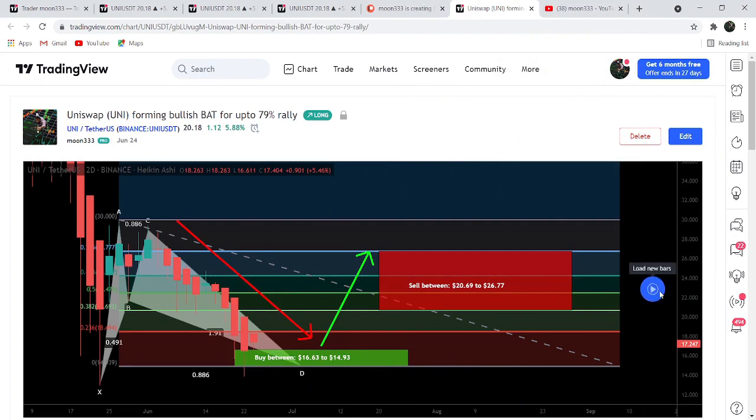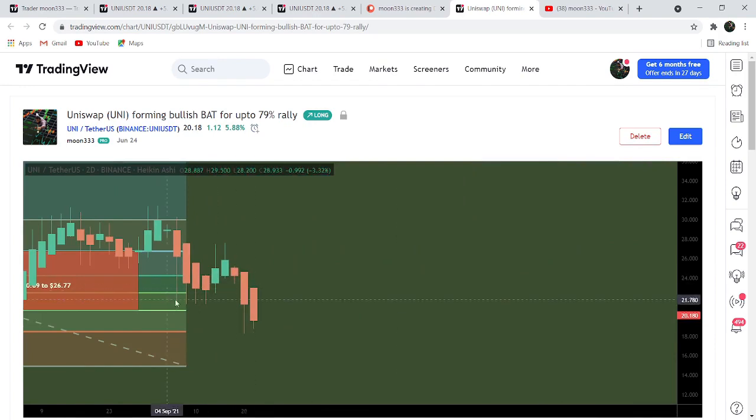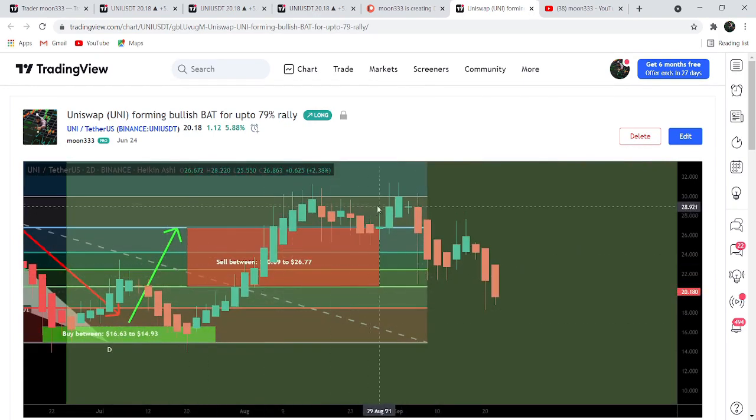Now if I play the chart, then we can see that the price line reversed bullish from this potential reversal zone and rallied up to $31.41. That was more than a 120% big rally.